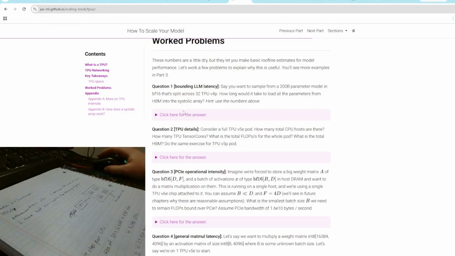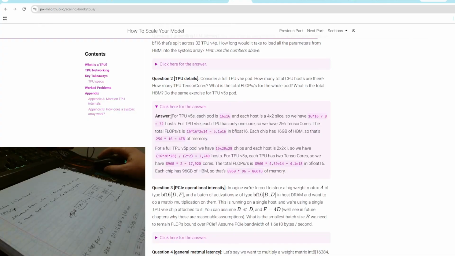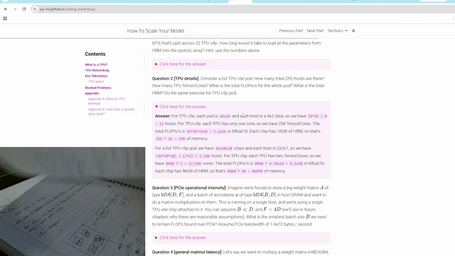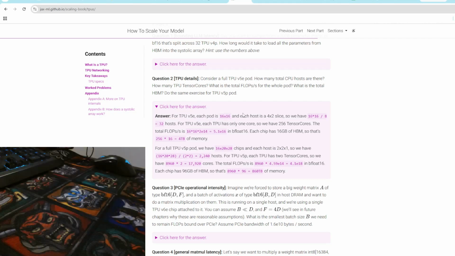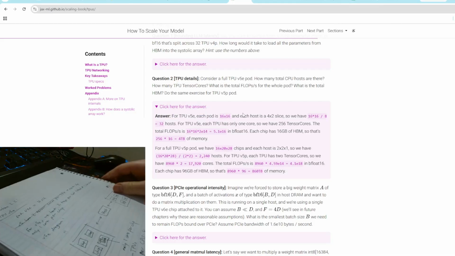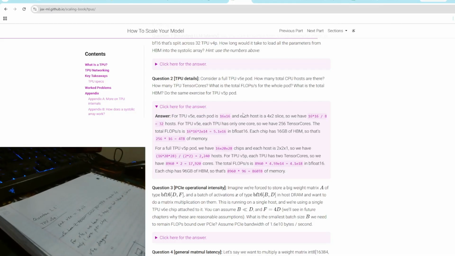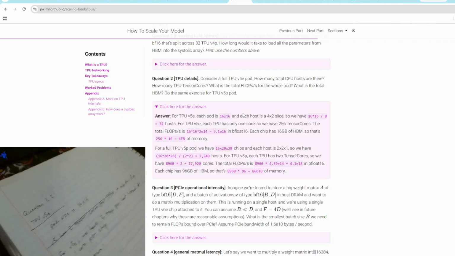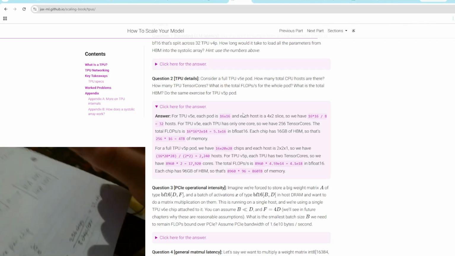So let's check the answer. For TPU V5E, each pod is 16 by 16. Oh wait, also let's go back here and look at V5E. I'll hold the camera by hand just so you can read it better.